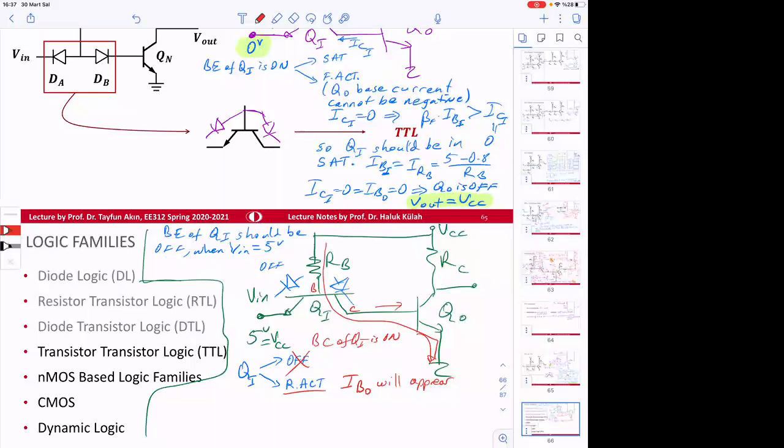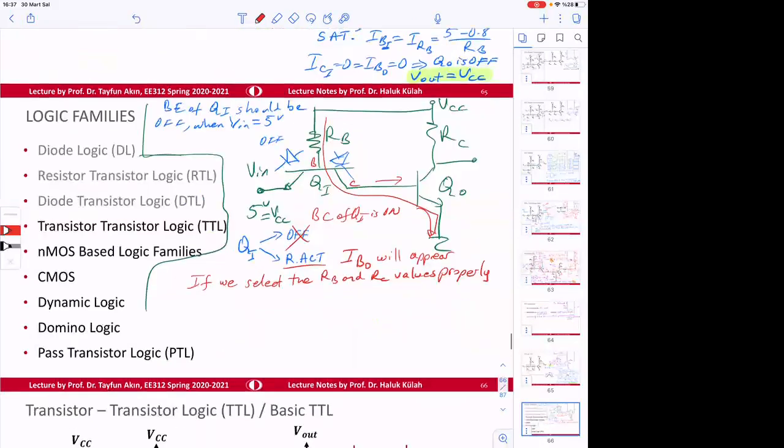Okay, and if we select the RB and RC values properly, then QO will be in SAT.